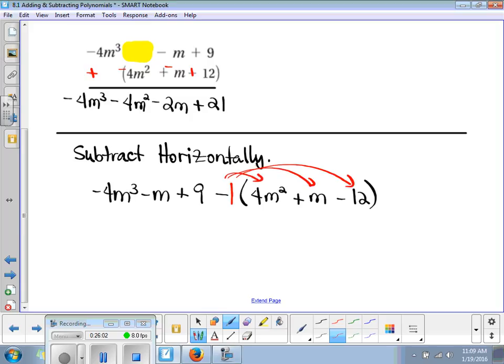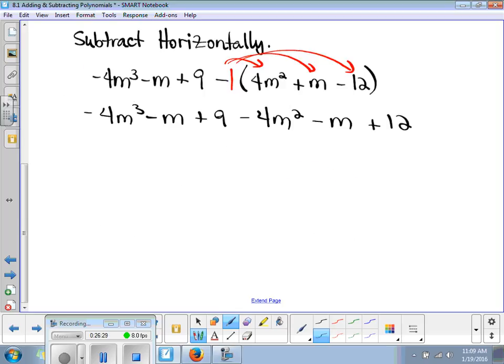So we end up with negative 4m cubed minus m plus 9 minus 4m squared minus m plus 12. Does everybody see how I got that? It's like the distributive property, right? And now you just are able to combine your like terms.